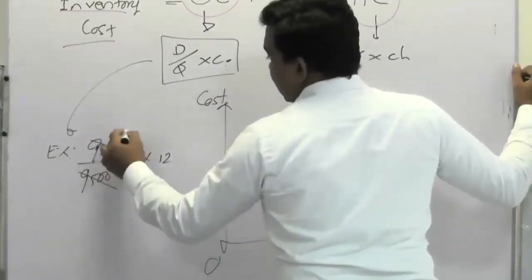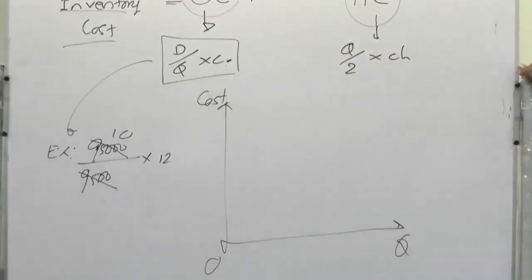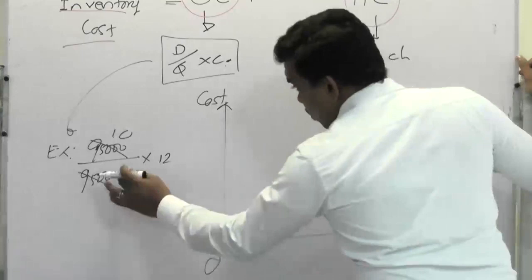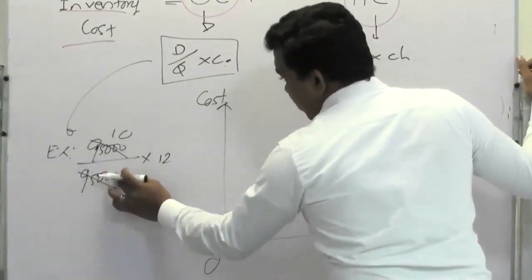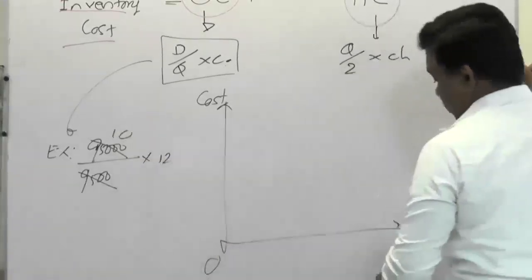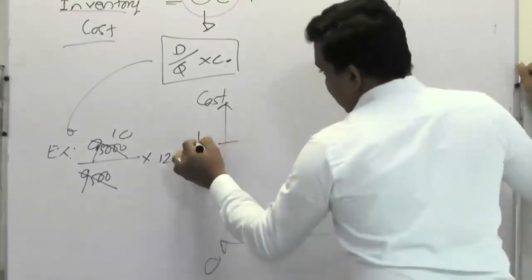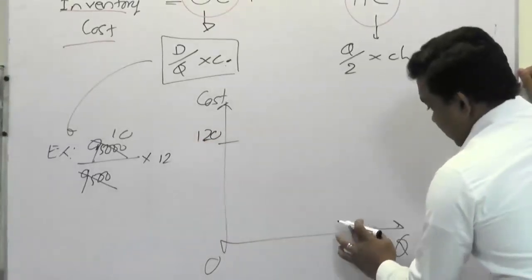You have to make 10 orders. Therefore, cost will be 120. When you order 9,500 units at once, your cost will be 120. Let's take cost 120, quantity 9,500.